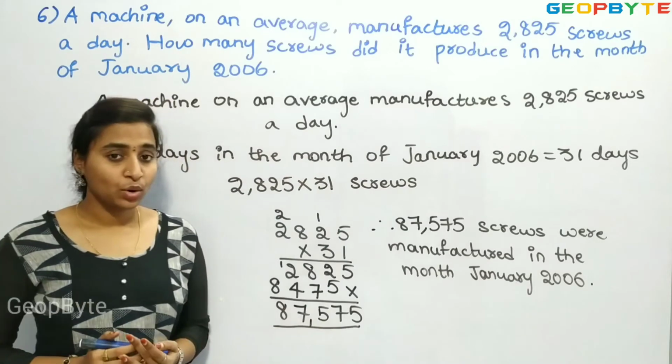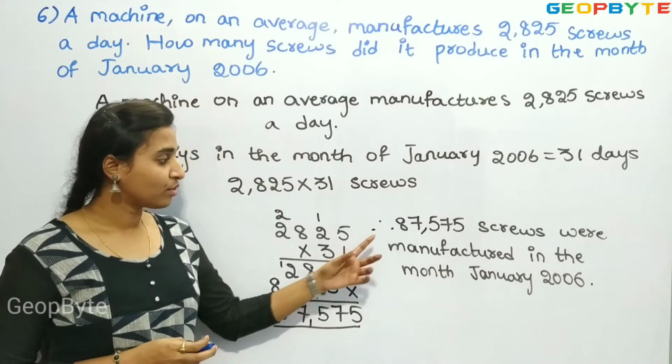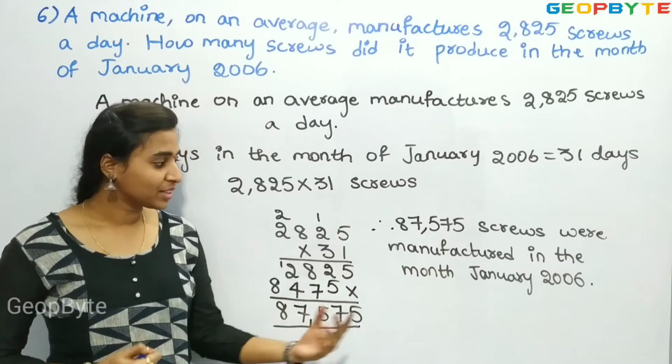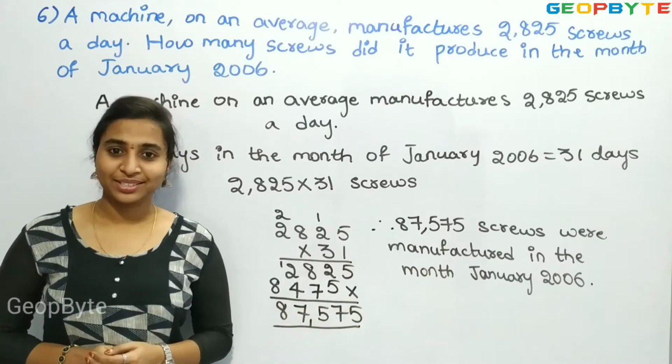So 87,575 screws were manufactured in the month January 2006.